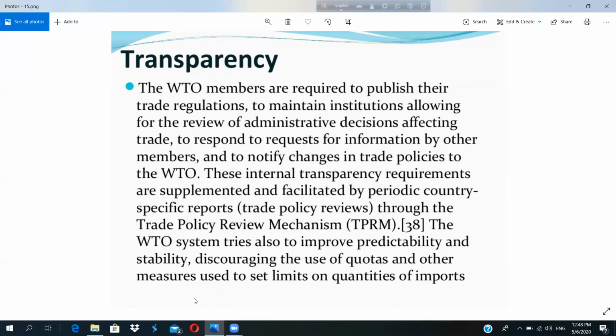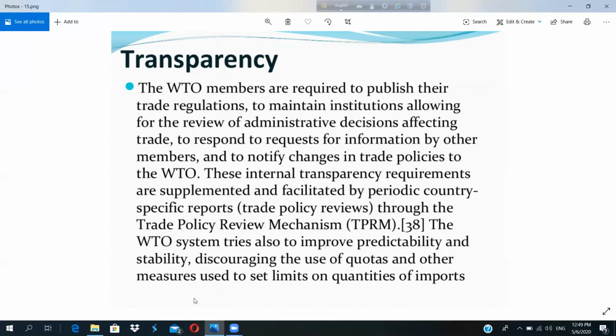This internal transparency requirement is supplemented and facilitated by periodic country-specific reports, the trade policy reviews. Through the trade policy review mechanism, the WTO system tries also to improve predictability and stability, and discourage the use of quotas and other measures to set limits on the quantities of imports.